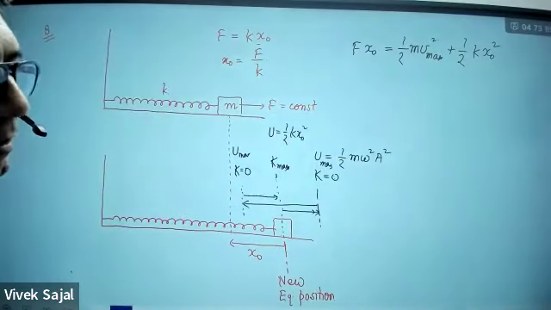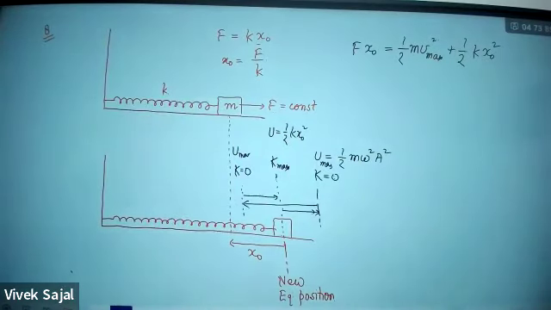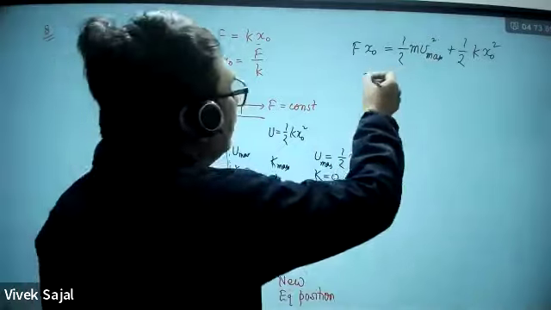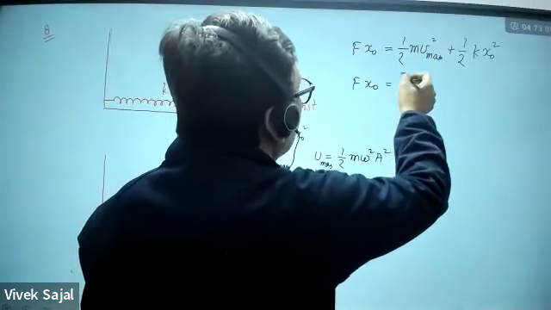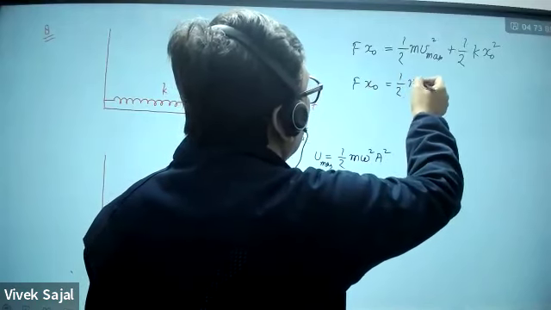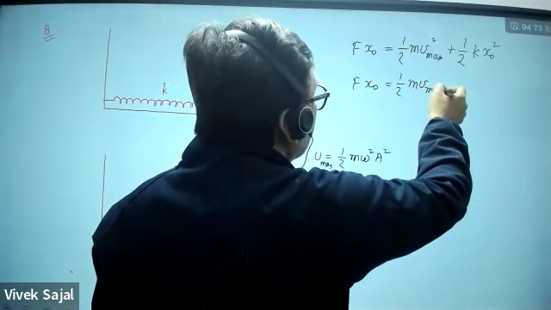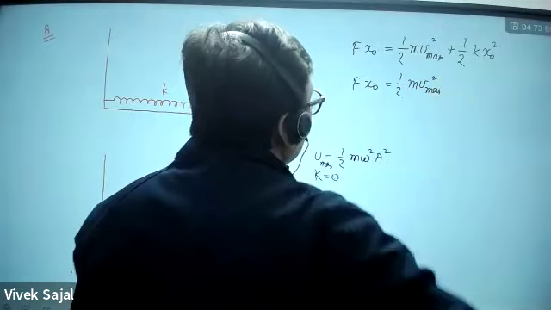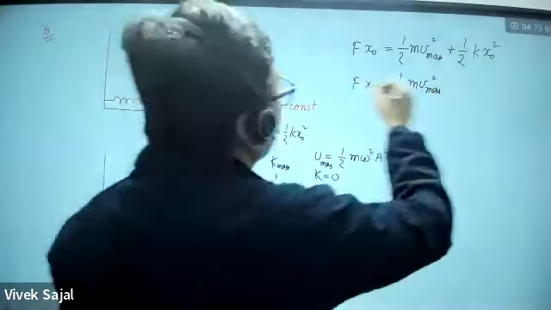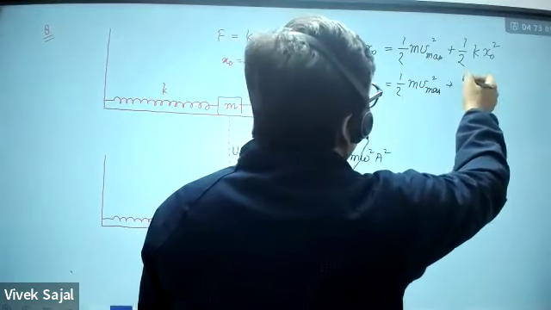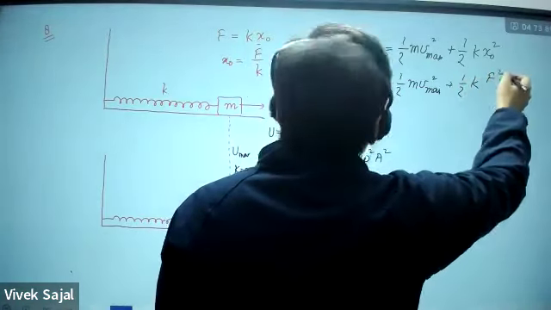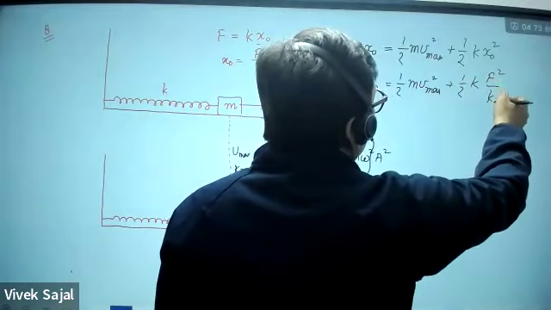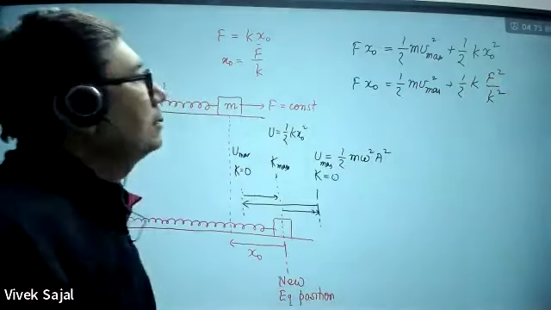So this will be F x naught equal to 1 by 2 m v max square plus 1 by 2 k times F square upon k square.